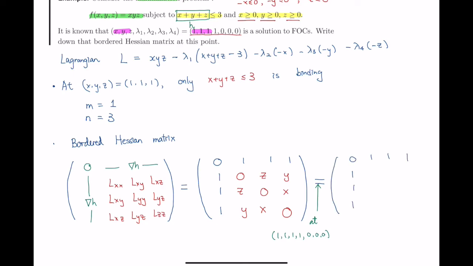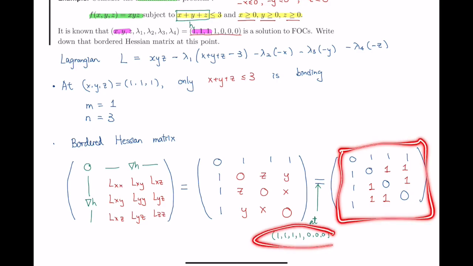These are numbers, so I just plug in. Z is 1, so I put 1 here. Similarly, x and y are both 1. And then I have 1, 1, 1, and finally 2 zeros here. So this is the bordered Hessian matrix at this point.